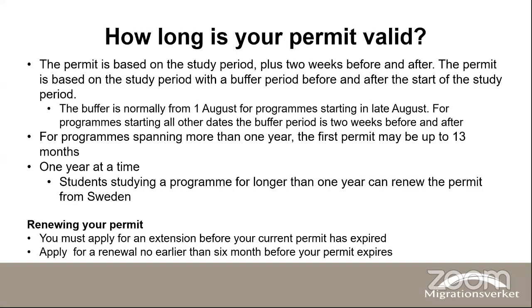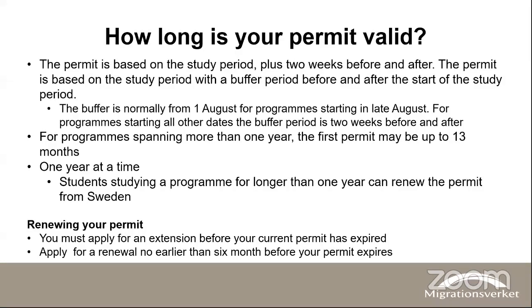The permit is based on the study period, plus 2 weeks before and after, normally from 1st of August. For programs spanning more than 1 year, the first permit may be up to 13 months.